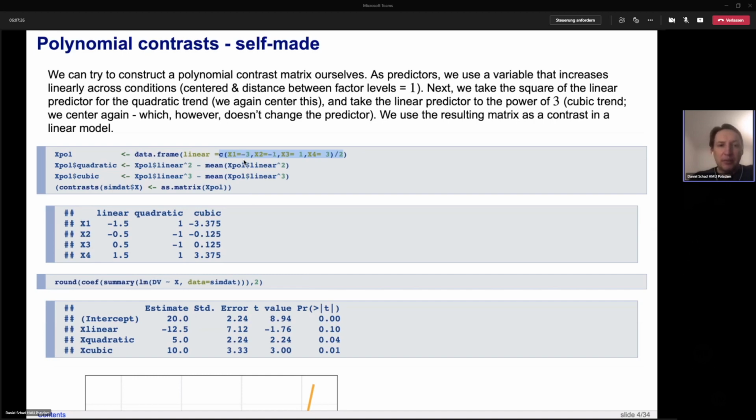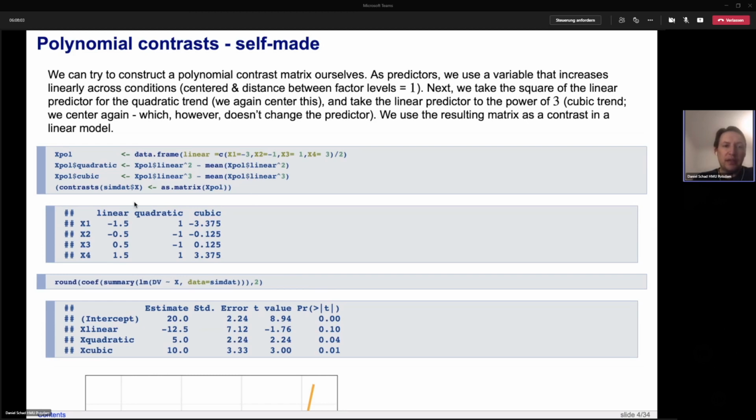Here I plotted -3, -1, +1, +3, but to make sure that the differences between neighboring levels are of size 1, divide this by 2. So the linear effect, as we can see down here, is -1.5, -0.5, +0.5, and +1.5. The difference between 2 neighboring levels is exactly 1, so we can interpret the regression coefficient such that if you go from x1 to x2, the increase is given by the regression coefficient.